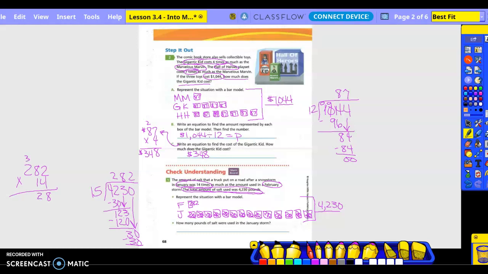Carry the 3. 4 times 2 is 8 plus 3 is, mark off the 3, mark off the 4, put up. 1 times 2 is 2. 1 times 8 is 8. 1 times 2 is 2. And then add 8, 4, 9, 3. So 3,948 pounds.